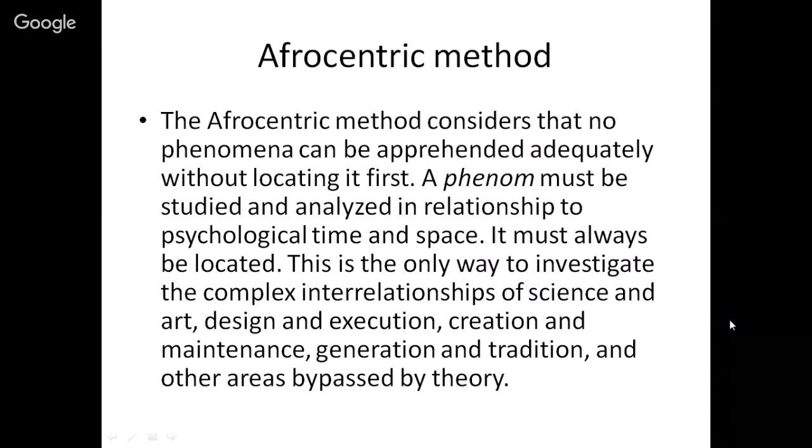The Afrocentric method considers that no phenomenon can be apprehended adequately without locating it first. A phenomenon must be studied and analyzed in relationship to psychological time and space. It must always be located. This is the only way to investigate the complex interrelationships of science and art, design and execution, creation and maintenance, generation and tradition, and other areas bypassed by theory.